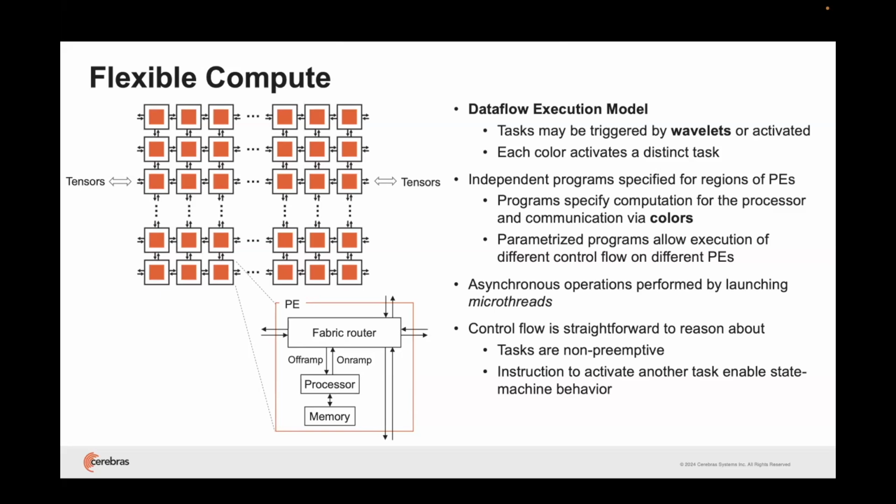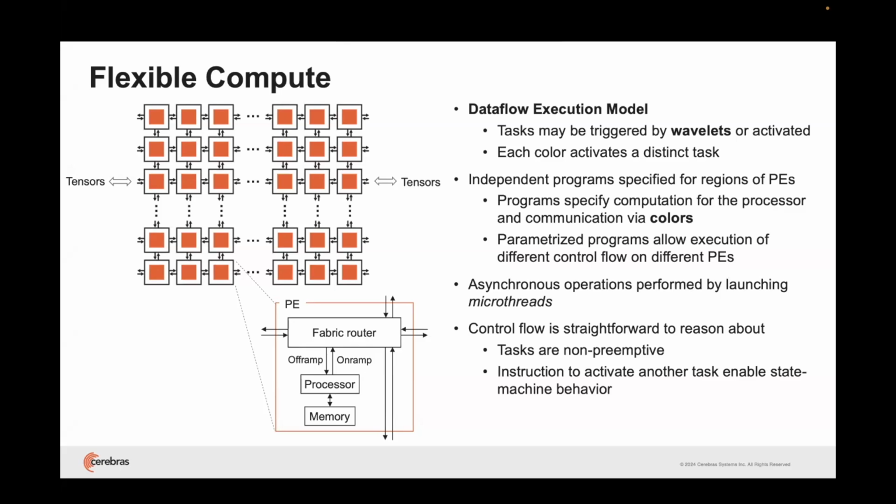There is some amount of asynchronous operation. For the main part, these cores have a single, non-preemptive main thread that is always running and executing some task. But there are what we call micro threads. There are 8 of these on each processing element, which allow for some asynchronous operation. For instance, say you have some operation which is expecting to receive 8 wavelets on a certain color from your neighbor.